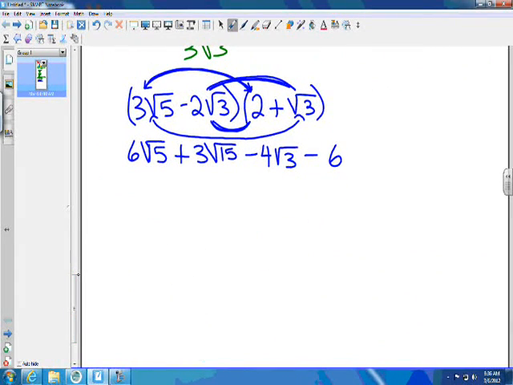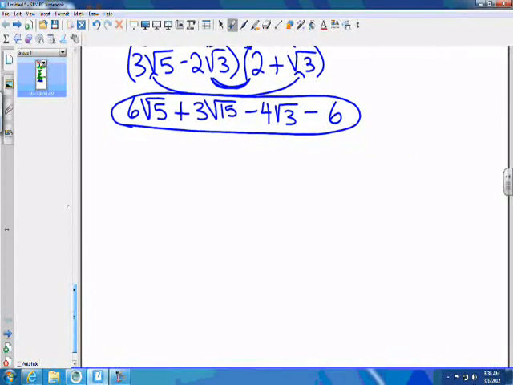Can we simplify any of those? We have square root of 5. Is that 5 a perfect square? What's the biggest perfect square that goes into 5? There isn't one. Same with the 15 and same with the 3. There are no perfect squares that go into those. So that is all you can do to that problem. But do check and make sure. There isn't anything you can simplify.